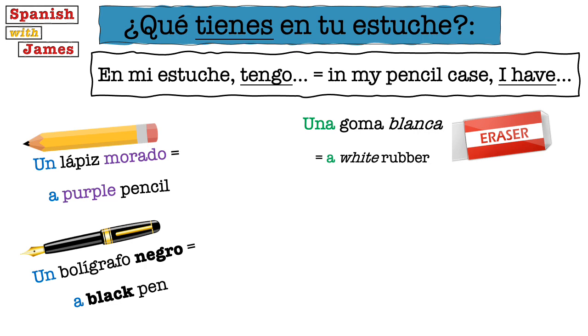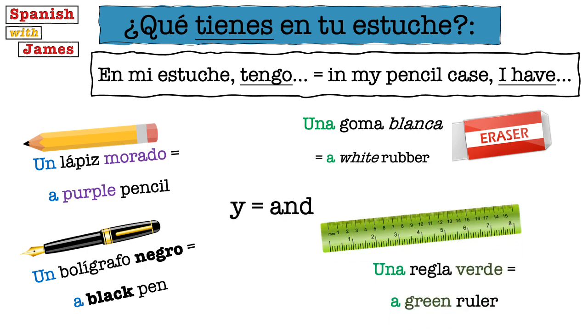So en mi estuche tengo una goma blanca, un bolígrafo negro, un lápiz morado y una regla verde, a green ruler. Because verde ends in an E, it doesn't change from masculine or feminine. It would gain an S for the plural, which we'll look at in just a minute.